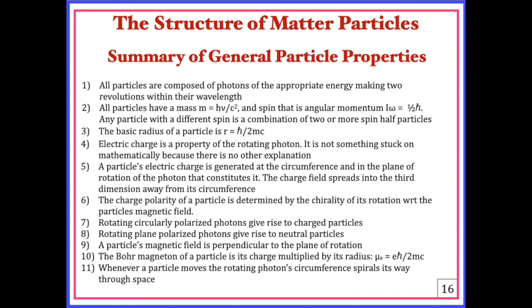A particle's magnetic field is perpendicular to the plane of the photon's rotation. The Bohr magneton of a particle is its charge multiplied by its radius, i.e. μb equals E h bar over 2mc. Whenever a particle moves through space, its rotating photon circumference spirals its way through that space.